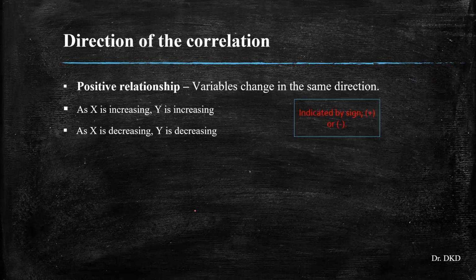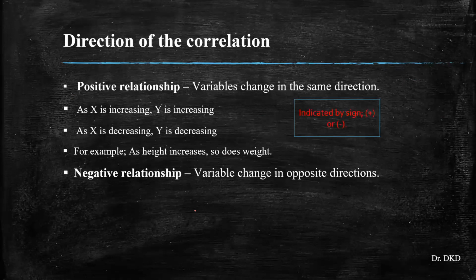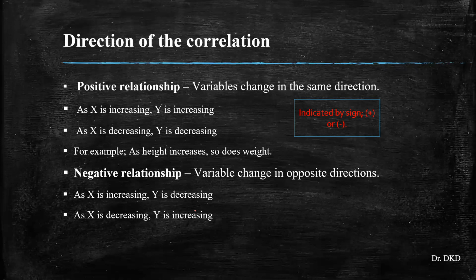For example, as height increases, so does weight. In a negative relationship, variables change in opposite directions. For example, x is increasing, so y is decreasing; x is decreasing, then y is increasing.